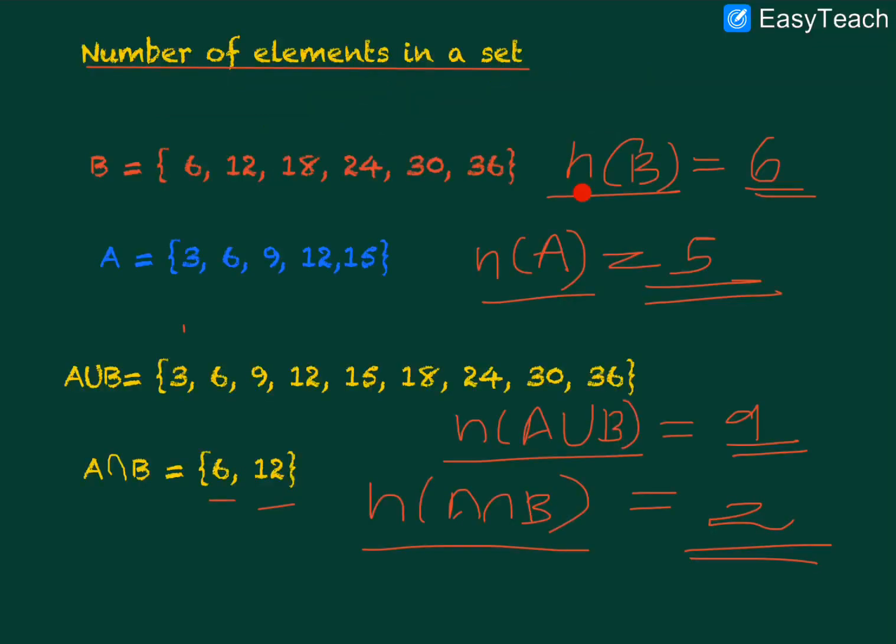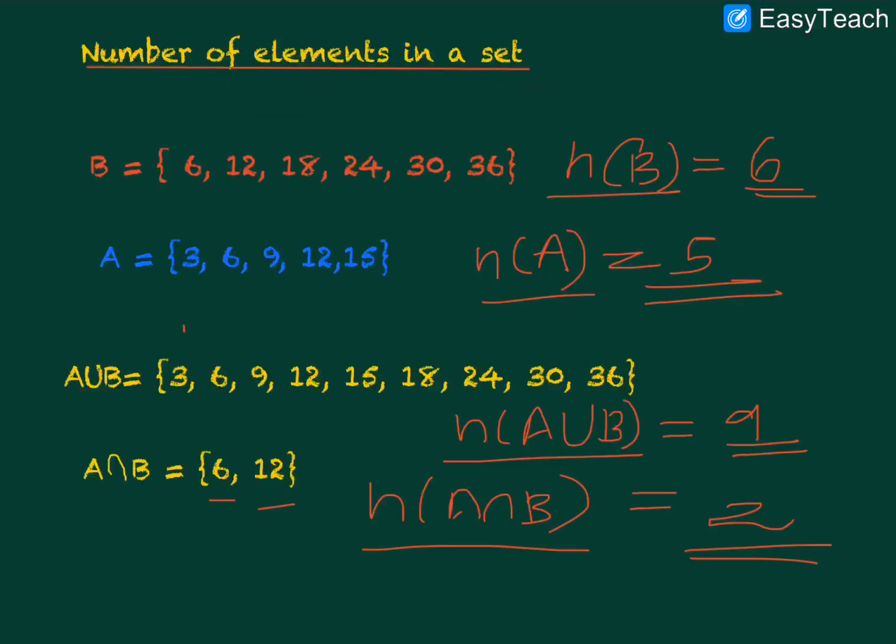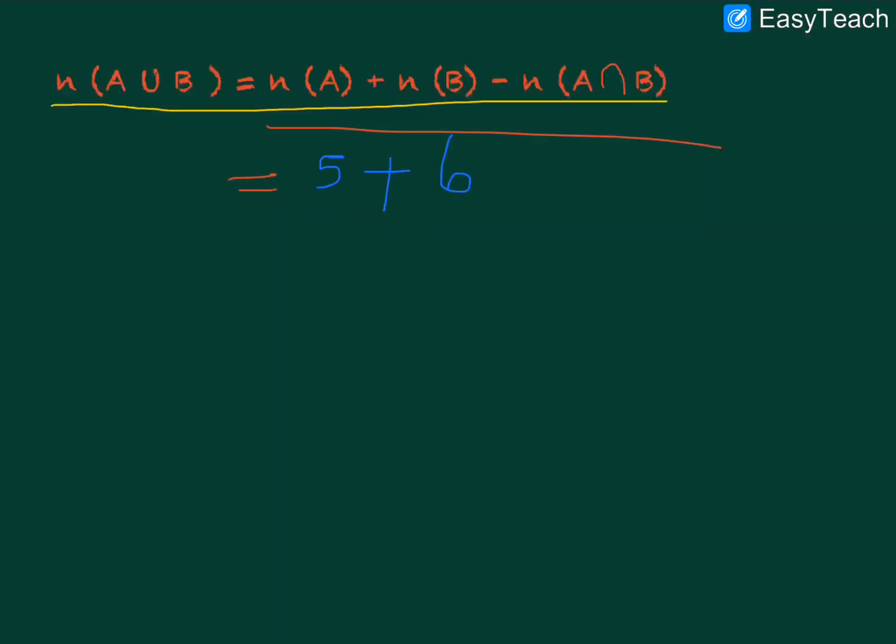So what is n(A)? You can see n(A) is 5 and n(B) is 6. We are going to substitute this in the equation. So 5 plus 6 minus n(A intersection B). n(A intersection B) is 2.